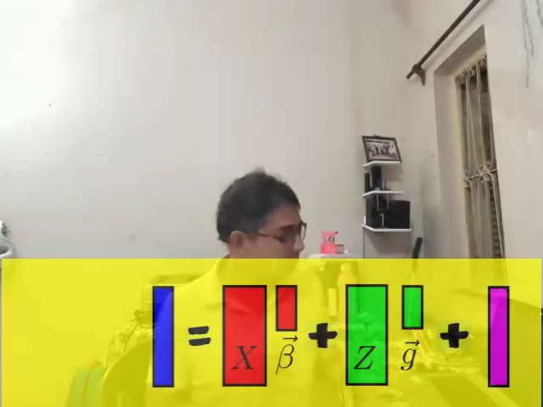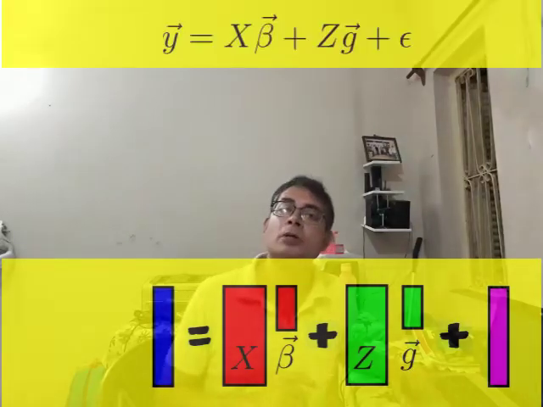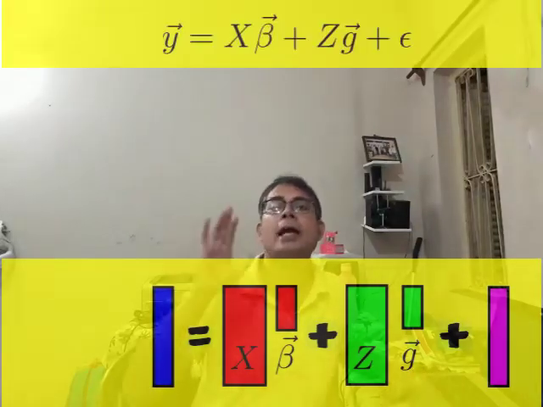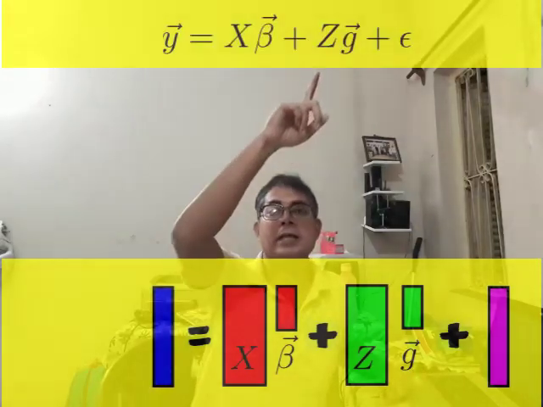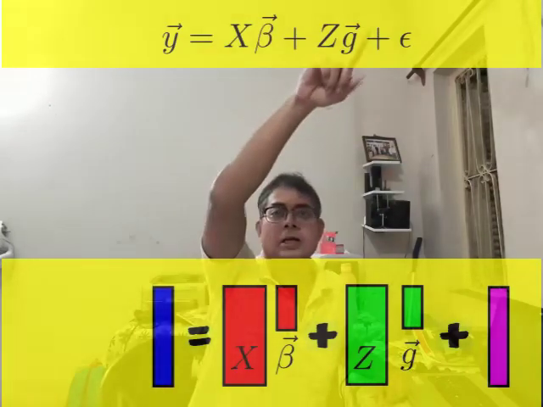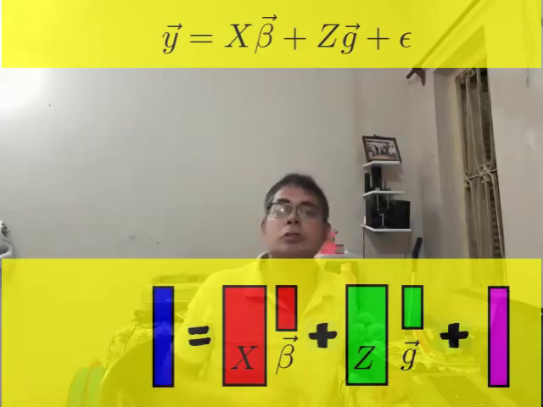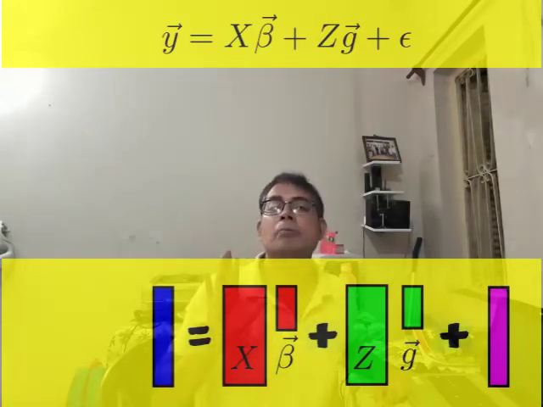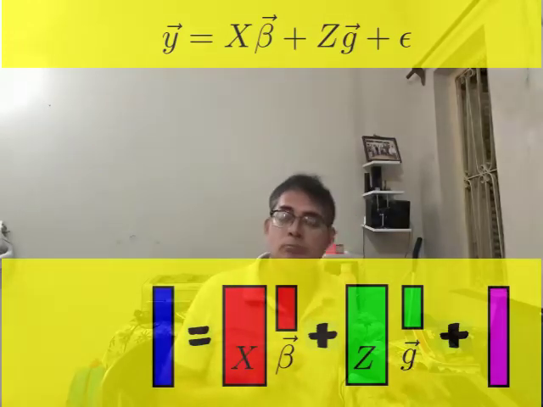Combining everything, I get the form y equal to X beta plus Z G plus epsilon. Of course there should be a vector sign over epsilon also. So this is the general form of a linear mixed effects model.